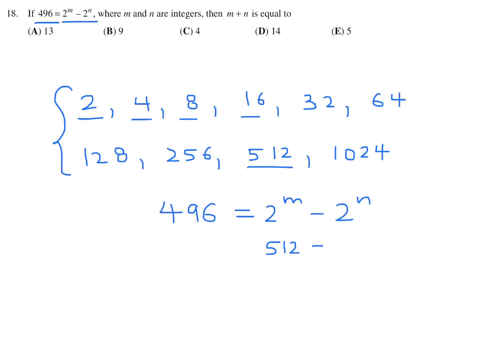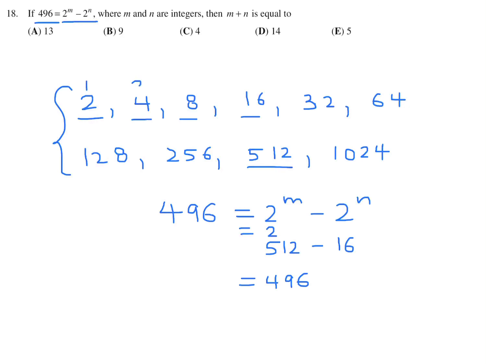And then from it, I've got to subtract another one of these list members. Which one? Well, let's see. If I put a 16, that would work. It would make it 496. And that's it, just by inspection alone. So now all I have to do is figure out m and n. Well, what is 512 in terms of a power of 2?